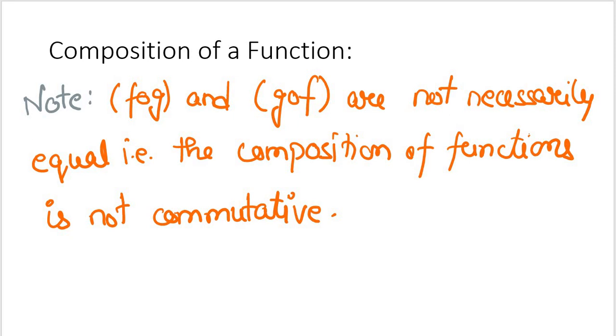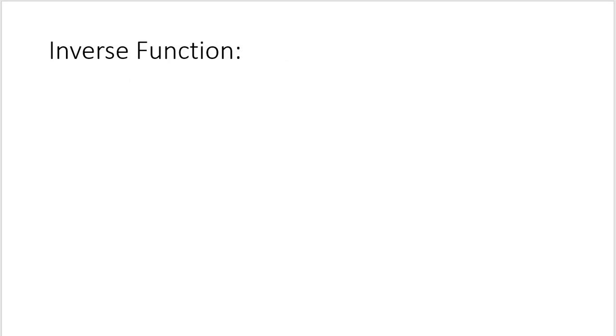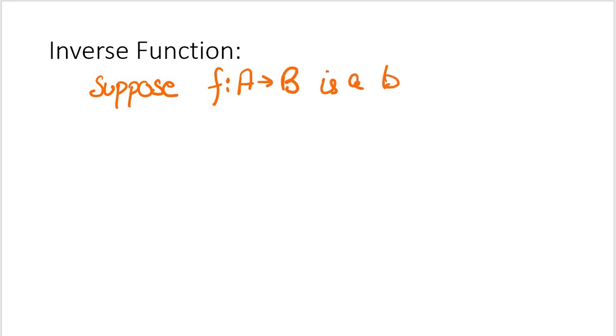So now let's talk about another variety, which is nothing but the inverse function. Suppose we have, in fact by this time you might have got an idea what basically it is, a function f from A to B and it is a bijection.